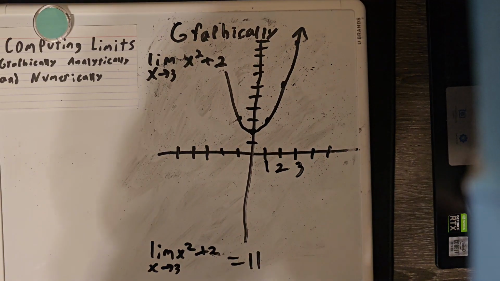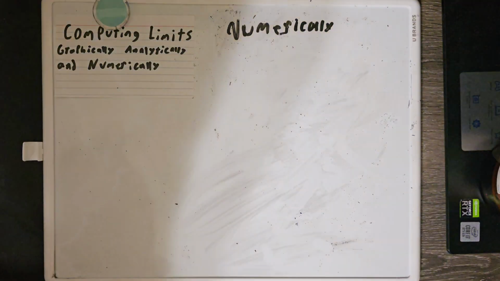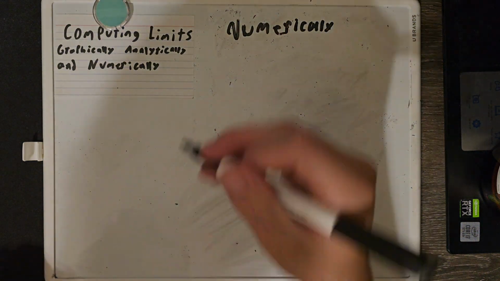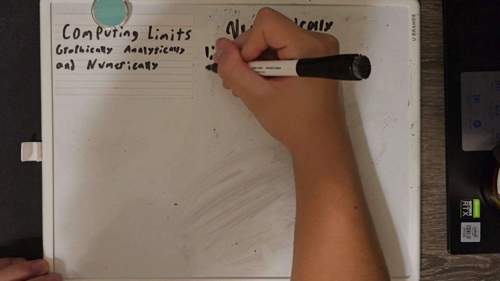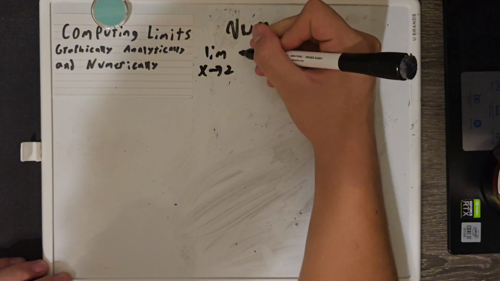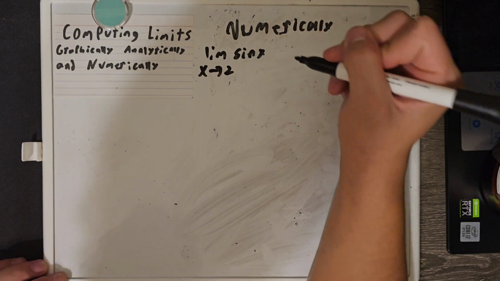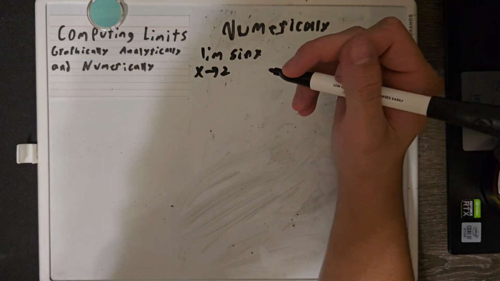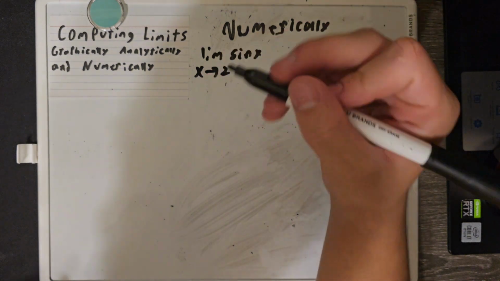And finally, computing limits numerically. So say we're given the limit as x approaches 2 of sine of x. Well, when you compute a limit numerically, you set up a table of values.